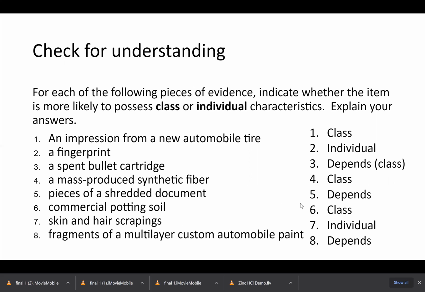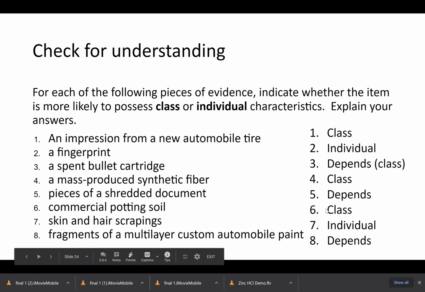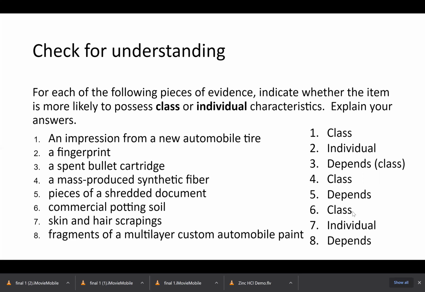Pieces of shredded document, it depends, right? If you have some identifying chemical, like a pen marking or something on there, you might be able to say individual. Otherwise, it'd be just class. Commercial potting soil, class.